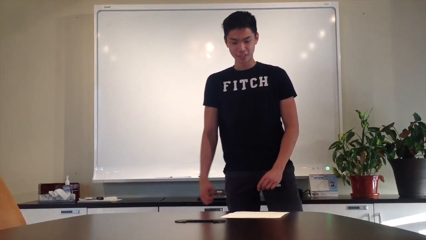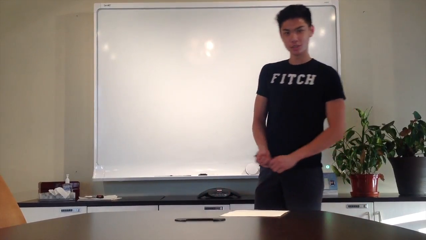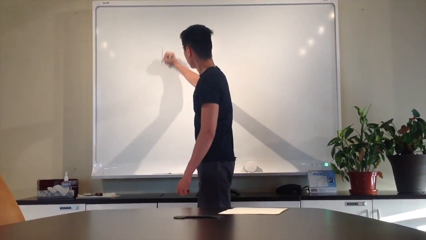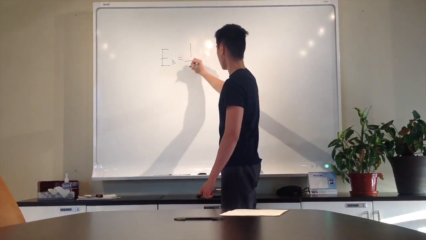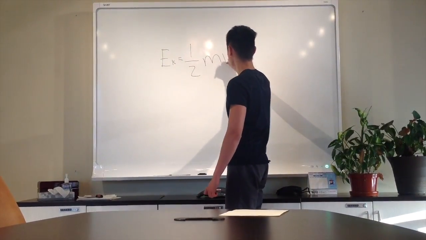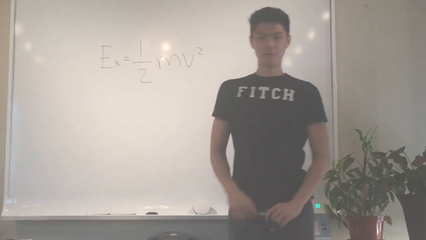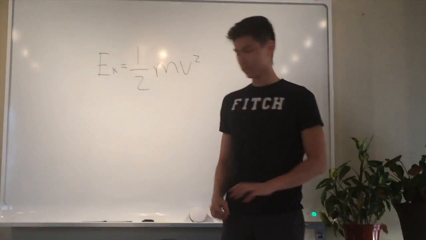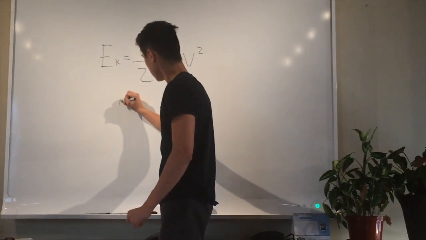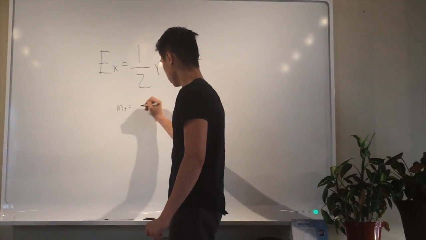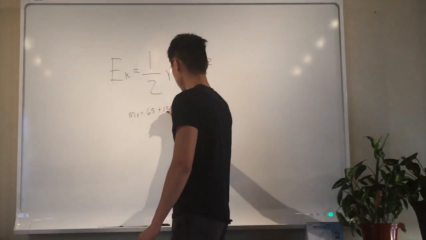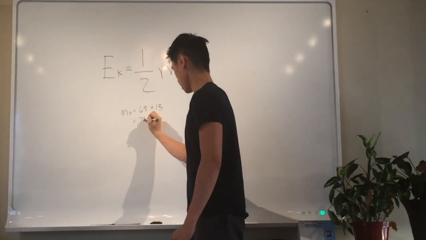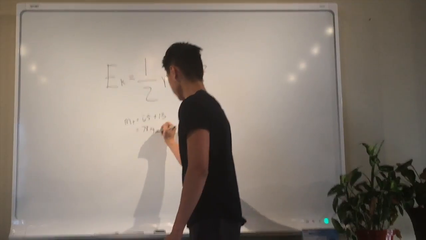To find the change in energy equation, we have to use the kinetic energy equation, which is kinetic energy equals 1/2 mv squared. So before we start, we have to know what the total mass is, which equals 65 plus 13, which equals 78 kilograms.